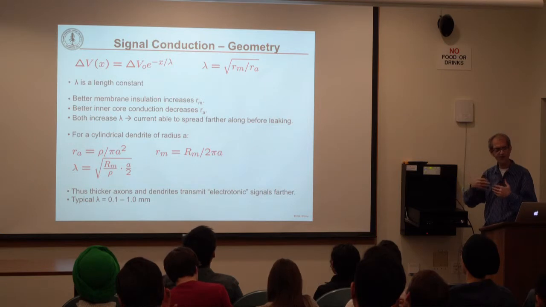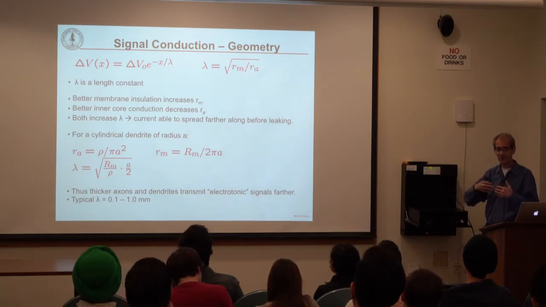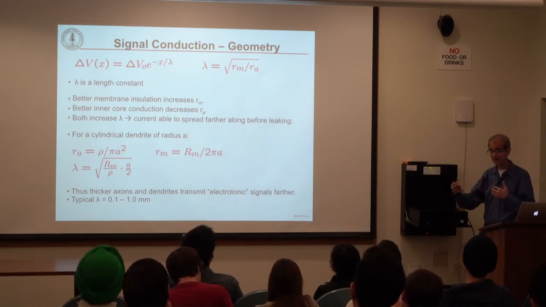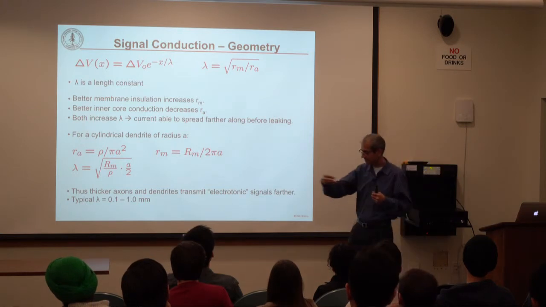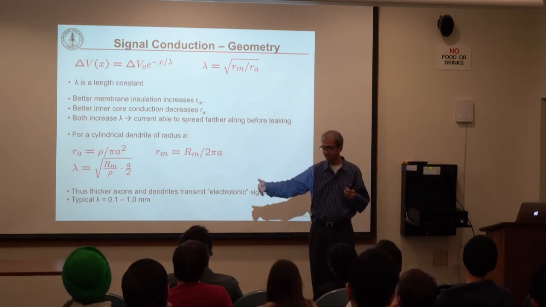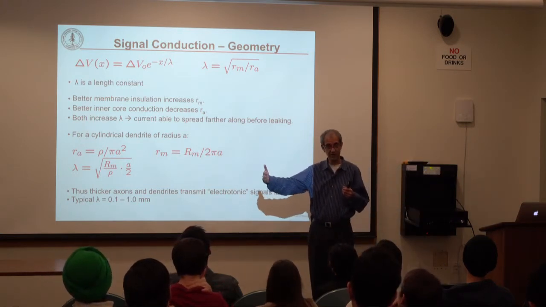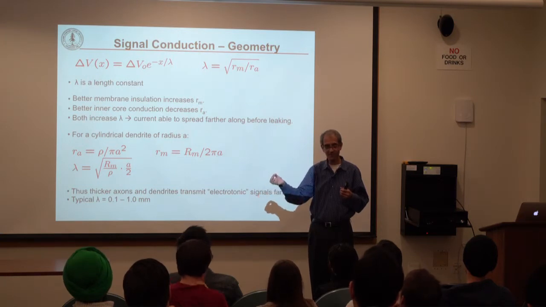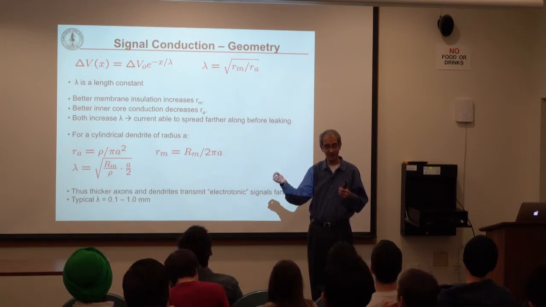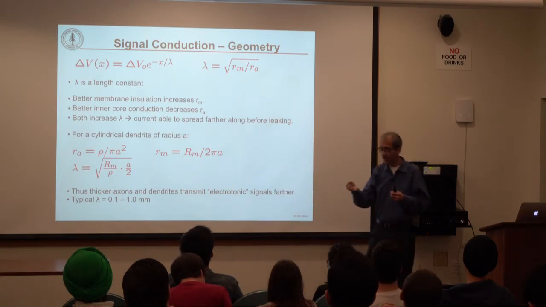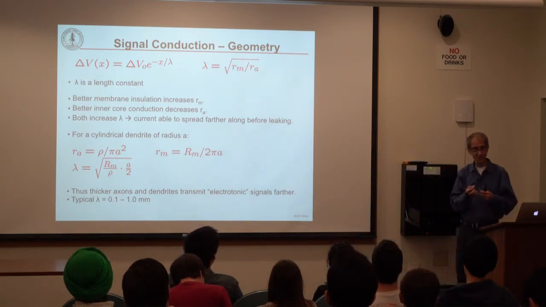And why would we want a change in voltage over longer distances? Because if I'm this dendrite here and I get some change in my current here, I want to feel that signal. I want to receive that information way over here, a few centimeters away maybe, at the cell body.